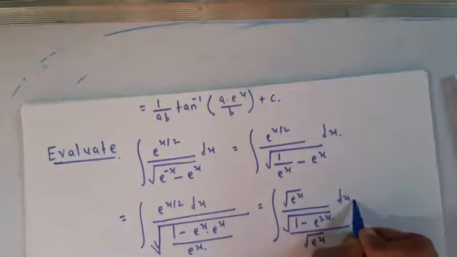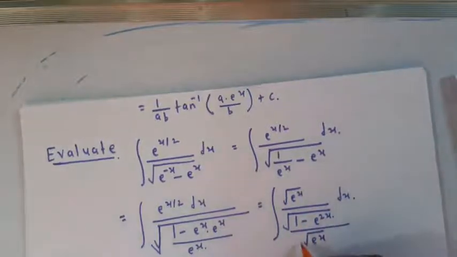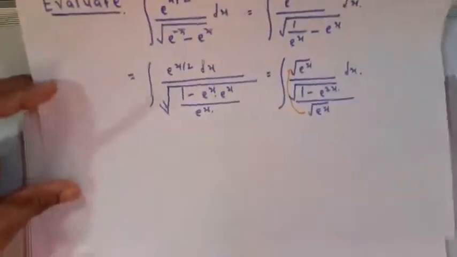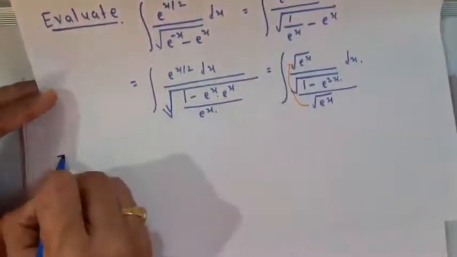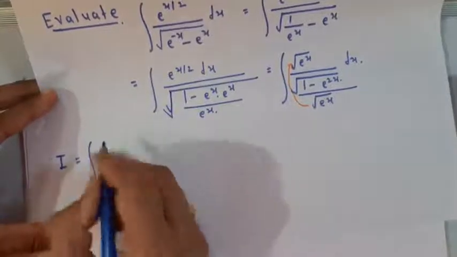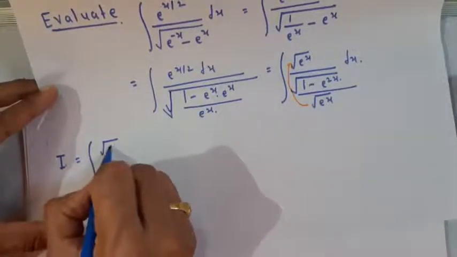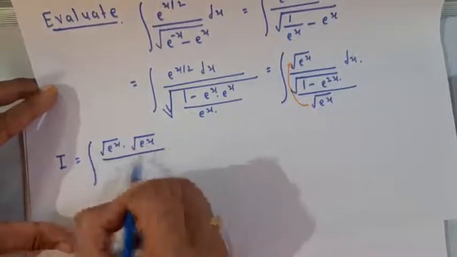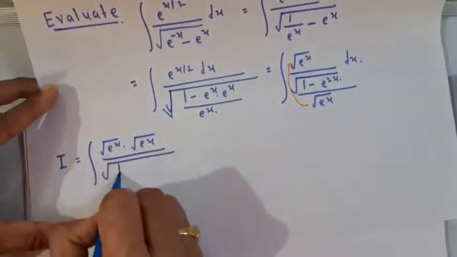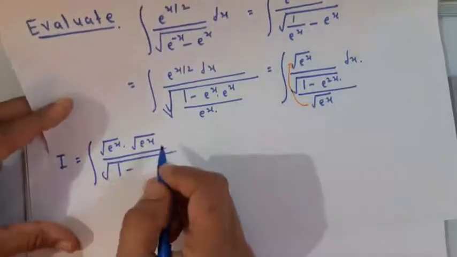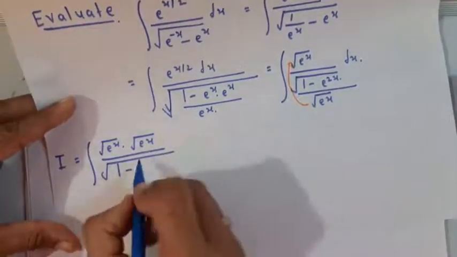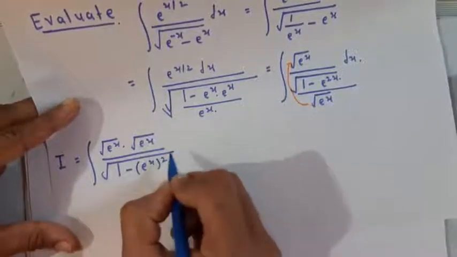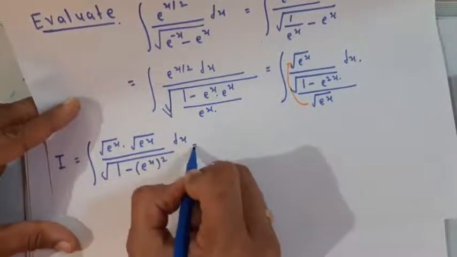Okay students, now the term will be shifted here and we will get the integration equal to the integration of e raised to x into e raised to x upon square root of 1 minus e raised to x into e raised to x, that is e raised to x whole square, or e raised to 2x also, with respect to x.